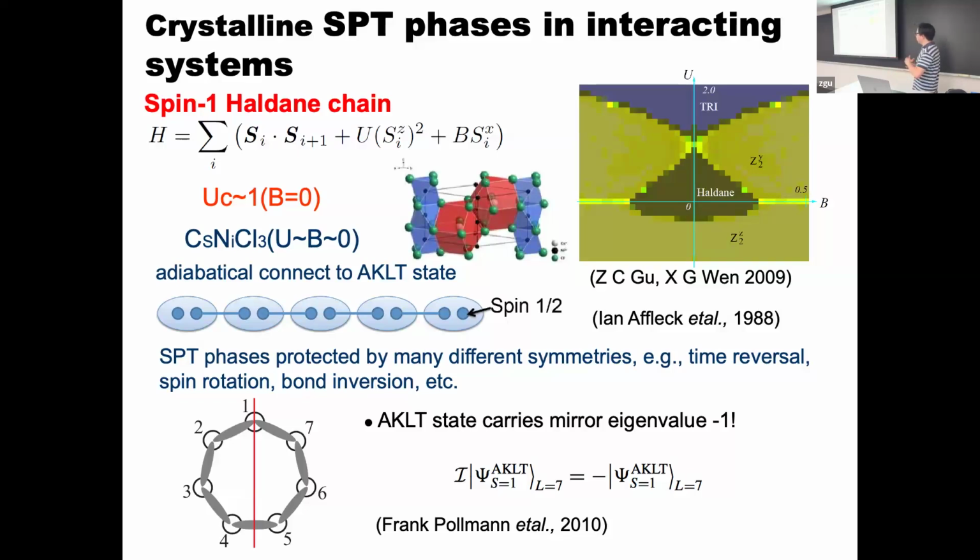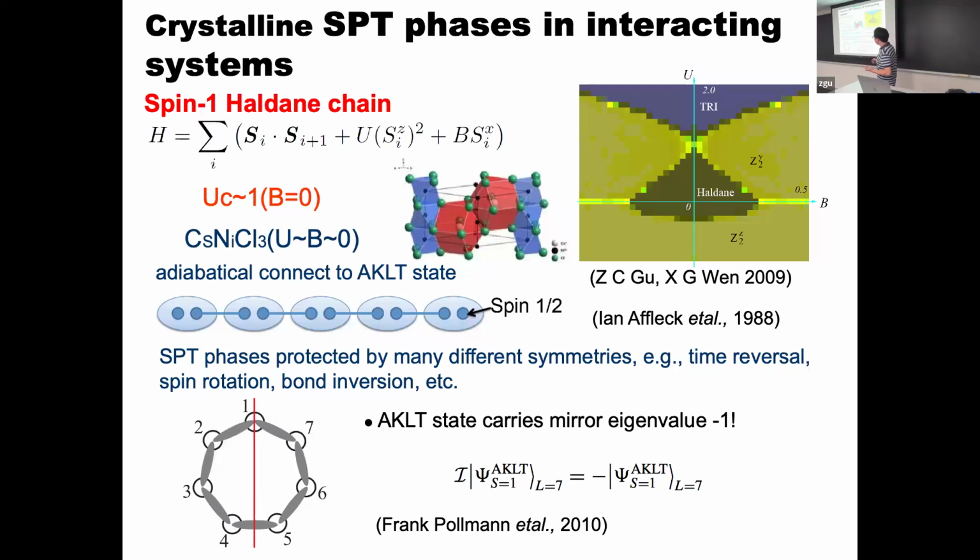When you do this mirror reflection, because this spin 1/2 singlet is like a parity odd state, right? You exchange the two spins, it's up down minus down up. You exchange them, you have a minus sign. So for this type of wave function, if you think about an odd number of sites and you do the reflection, there's some eigenvalue -1. So now we call it mirror eigenvalue -1.